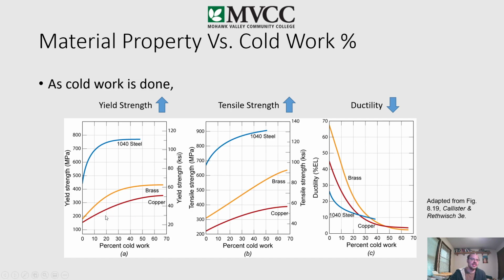And what we can see here is as we do more cold work, these are 3 different samples here, copper, basically each of the metals is going to increase in yield strength, so it'll start plastically deforming at a higher load. The tensile strength here, again, you're able to hold a higher load before we actually start. Well, we'll get into what happens after ultimate tensile strength, but essentially the part keeps stretching.